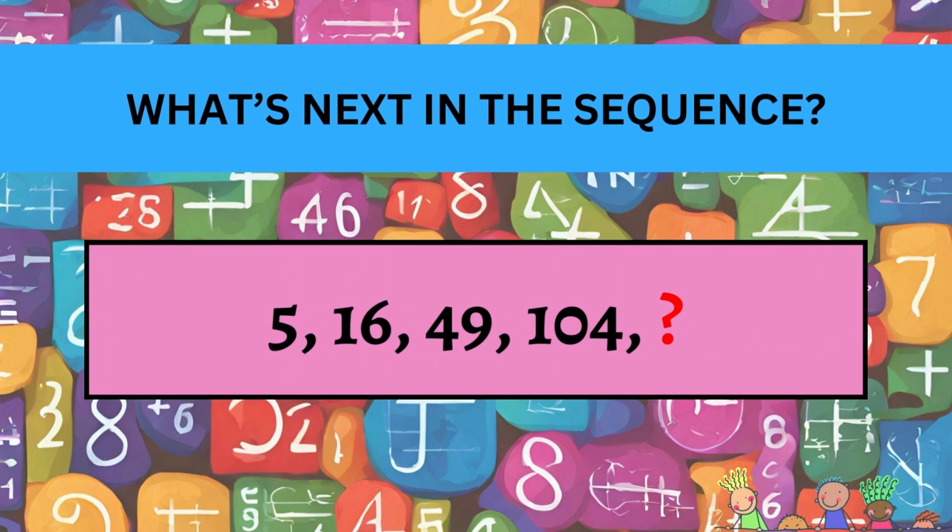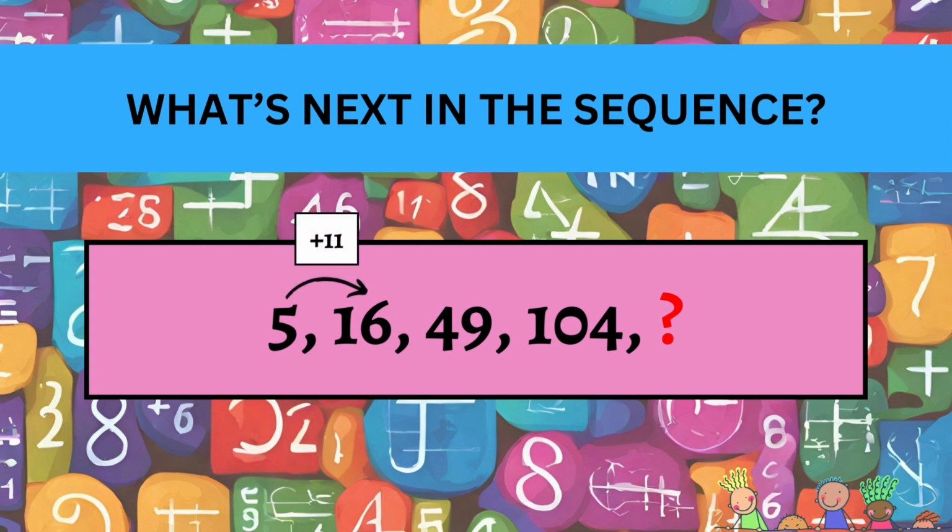Let's test your pattern recognition skills again, shall we? Can you figure out what number comes next in the sequence? Okay, let's see. The difference between 16 and 5 is 11.